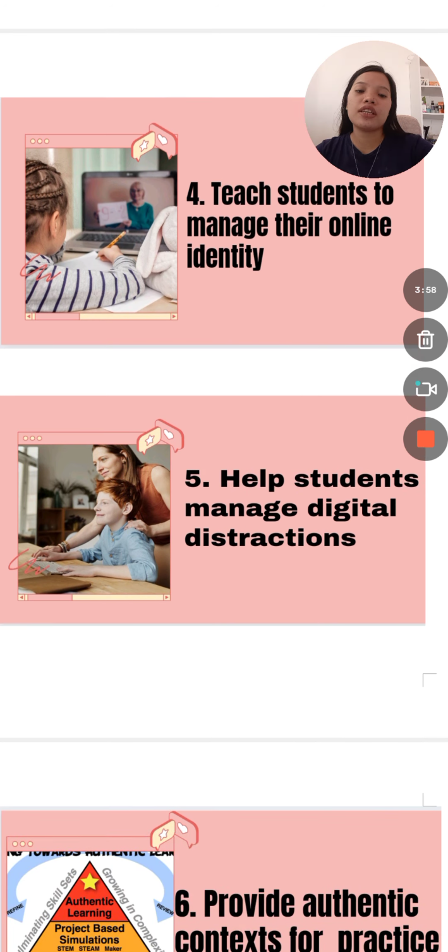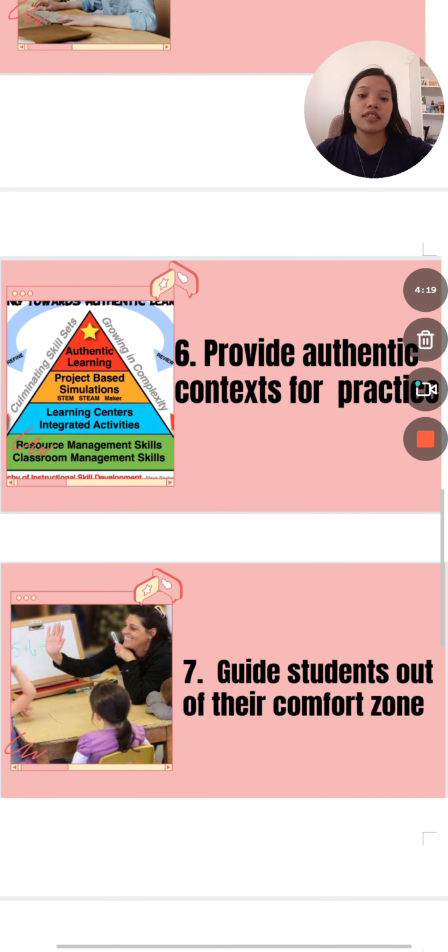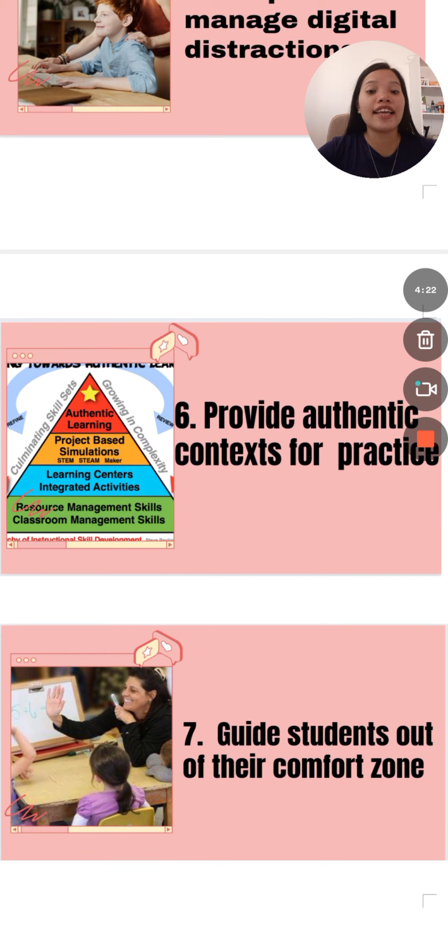So the fifth is help students manage digital distractions. Digital tools and online resources have made learning effective in many ways, but they have also brought new distractions with them. So the sixth is provide authentic context for practice.